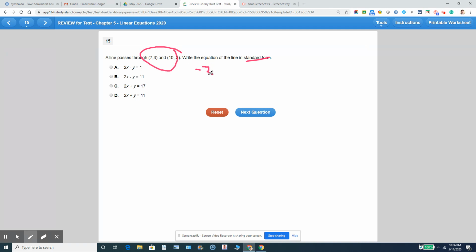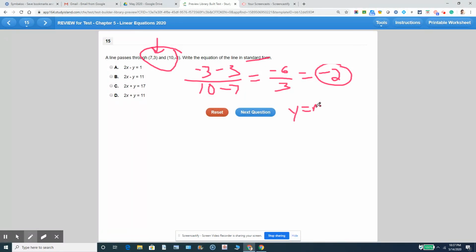So it's going to be negative 3 minus your y1, which is 3. And again, you should label these. I'm actually probably showing a bad habit of not labeling all your work because a lot of you will need to do this to get the right answer. So you should label your points x1, y1, x2, y2. You get your slope is negative 2. Okay? Now take your slope and one of these points and plug them into slope-intercept form.